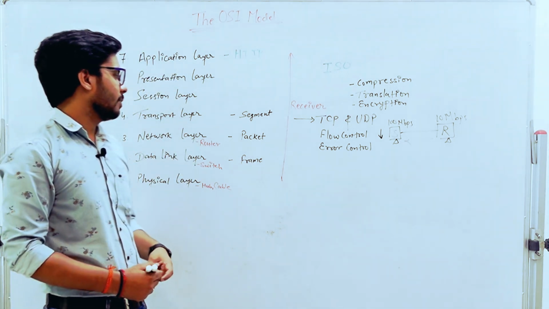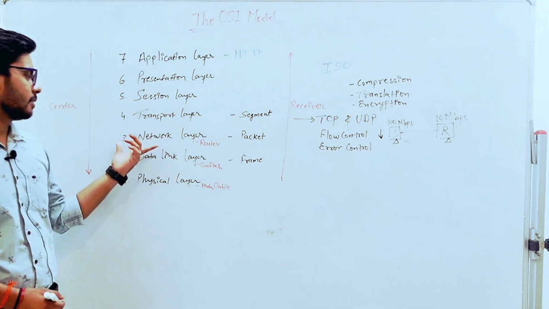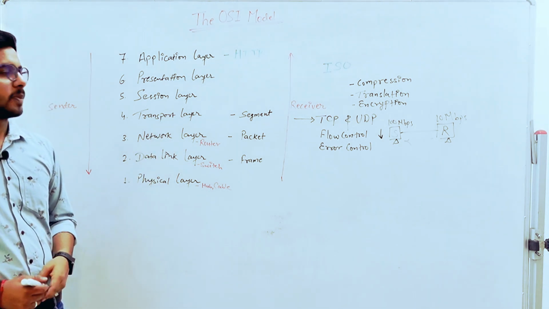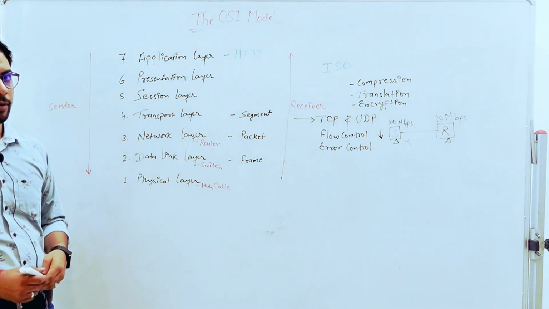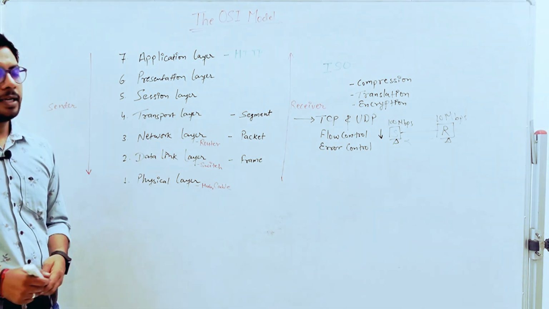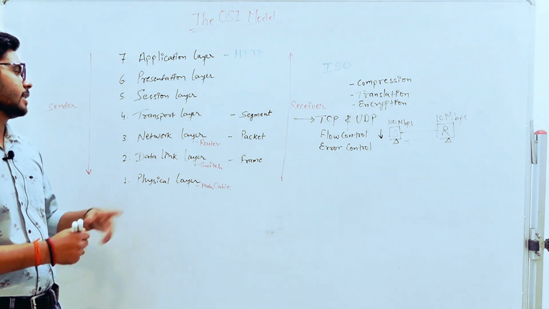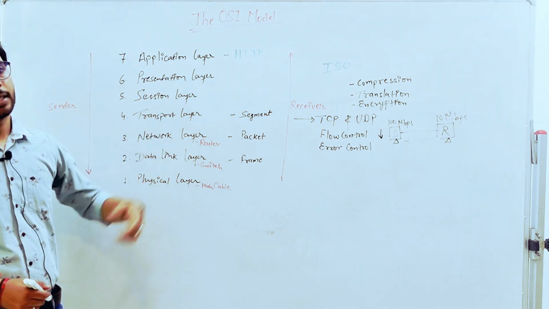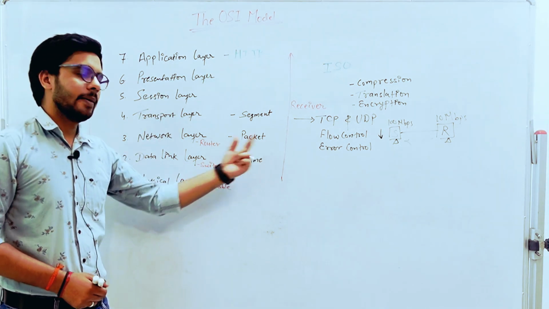Right now we'll move to the next layer, layer 3, the network layer. Again, an important layer of the OSI model. The network layer is responsible for taking the data from the transport layer and again breaking it into smaller pieces known as packets.